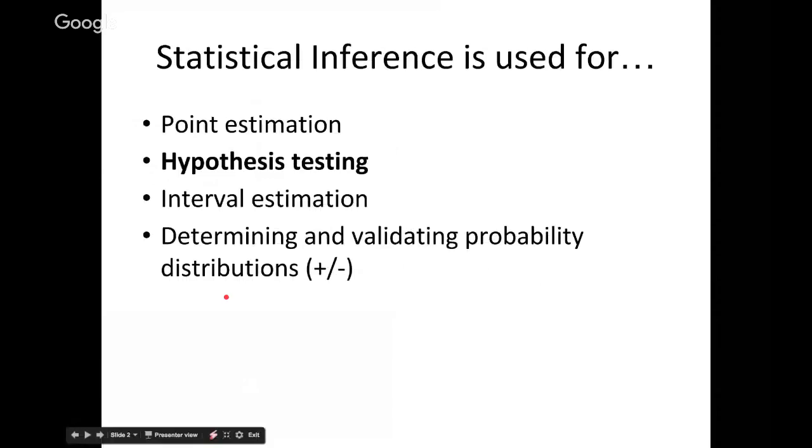Okay. We've been talking about statistical inference, which is the idea that we will use measurements of some population to infer information about the population. And remember, we talked about a couple different types of statistical inference.